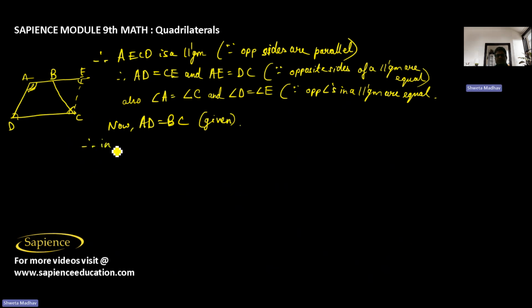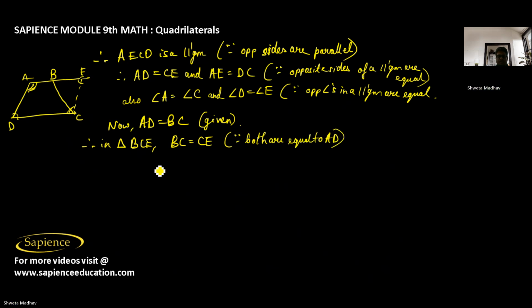So therefore, in triangle BCE, BC equals CE, since both are equal to AD. So these two are equal. It has been told these three sides are equal. So therefore, I can say that these two angles are also equal.